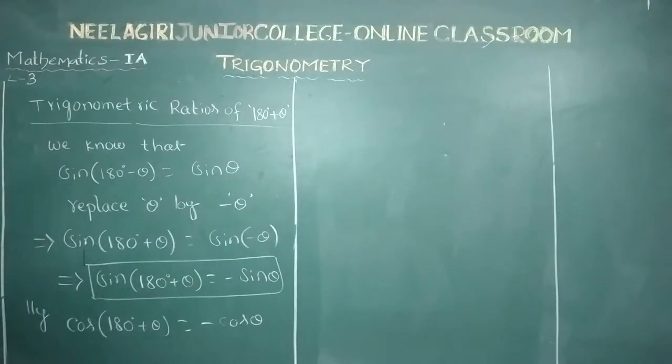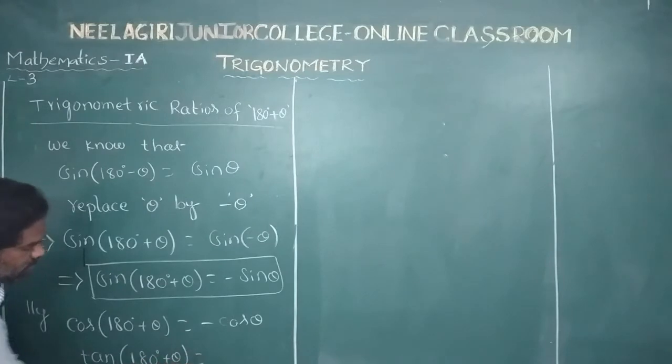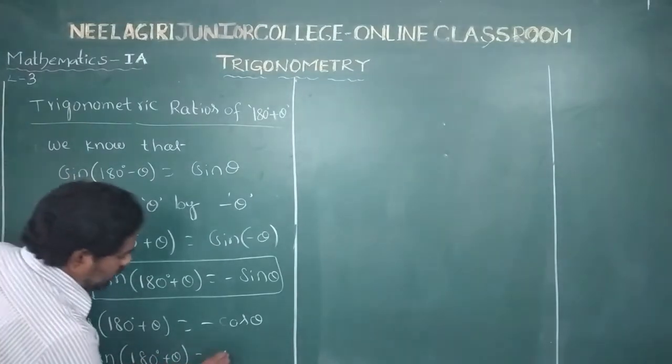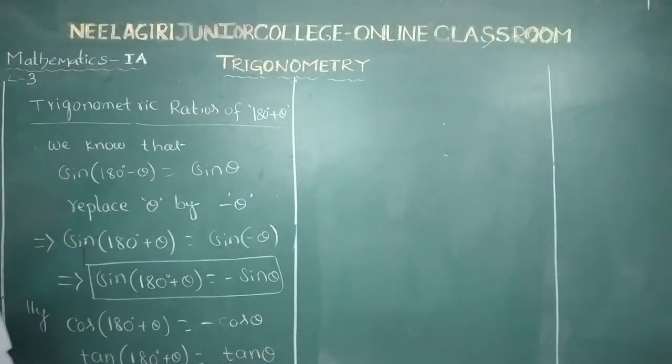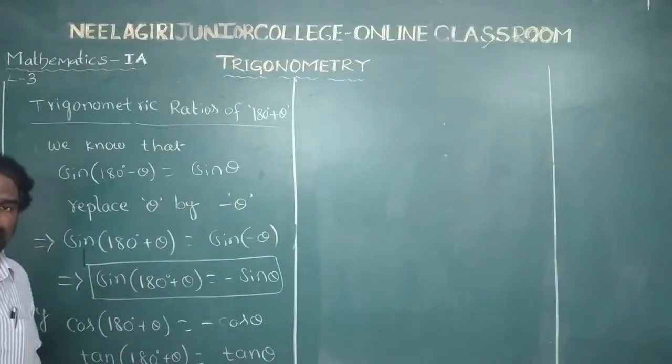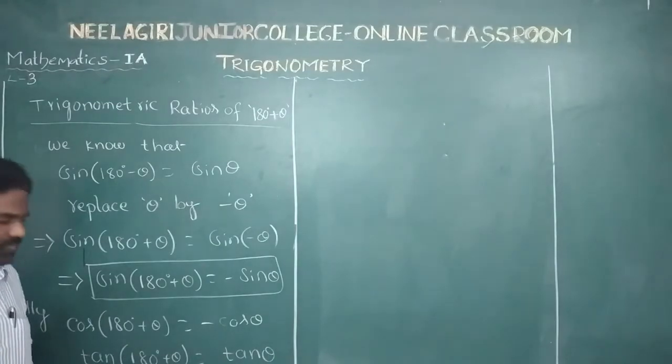Tan of 180 plus theta equals plus tan theta, because this 180 plus theta angle lies in the third quadrant. In the third quadrant, tan and cot are positive. That's why we should get a positive value only on the right side.